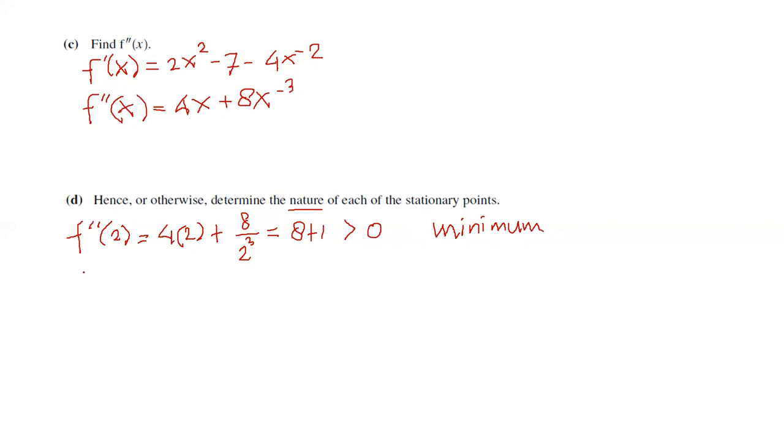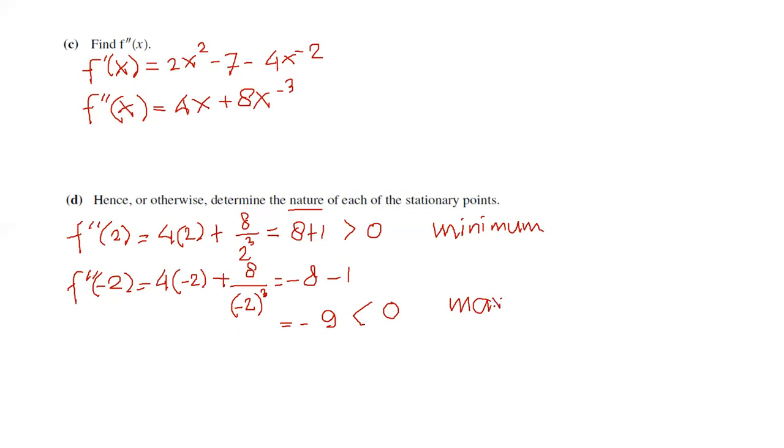Okay, how about if x equals negative 2? 4 times negative 2 plus 8 over negative 2 cubed equals negative 8 minus 1, which equals negative 9. Okay, less than 0. If less than 0, it means this is a maximum, the maximum value.